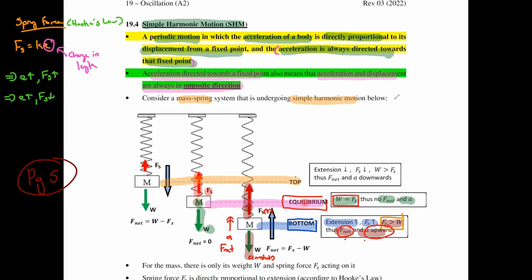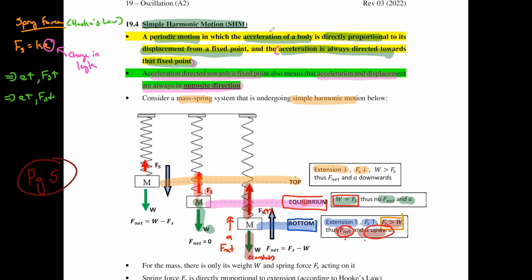Okay, now if you were to consider what happens at the top position, you went from here to here. So when you went upwards to the top position, the extension of your spring would have actually decreased. So since your extension has decreased, your spring force would therefore decrease also.